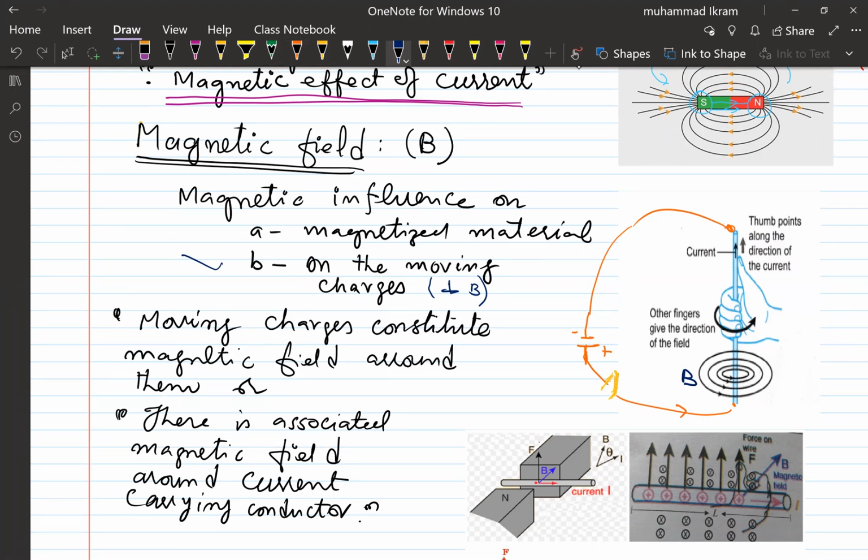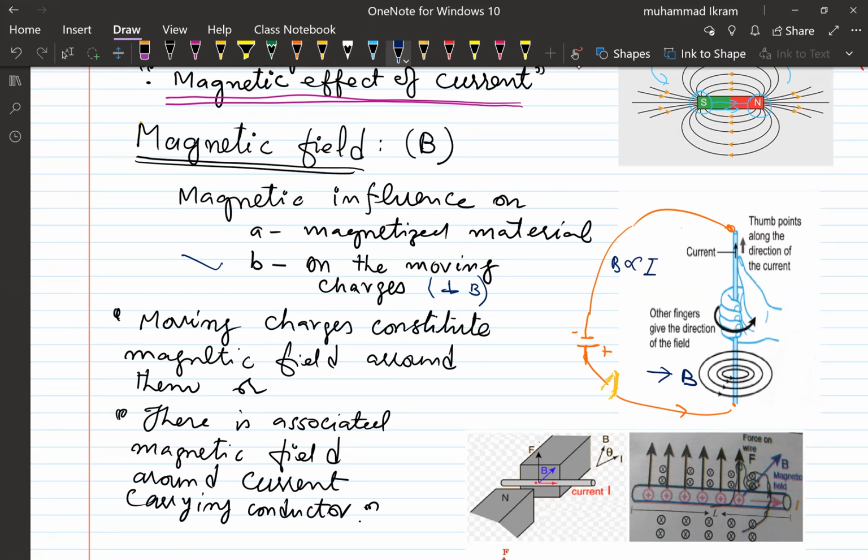You see, there is no magnetic field in the direction of the current. The plane of the magnetic field is perpendicular to the plane of current. Current in the vertical direction gives a magnetic field in the horizontal direction; if the current is horizontal, the magnetic field will be vertical. If you increase the current, the magnetic field increases.